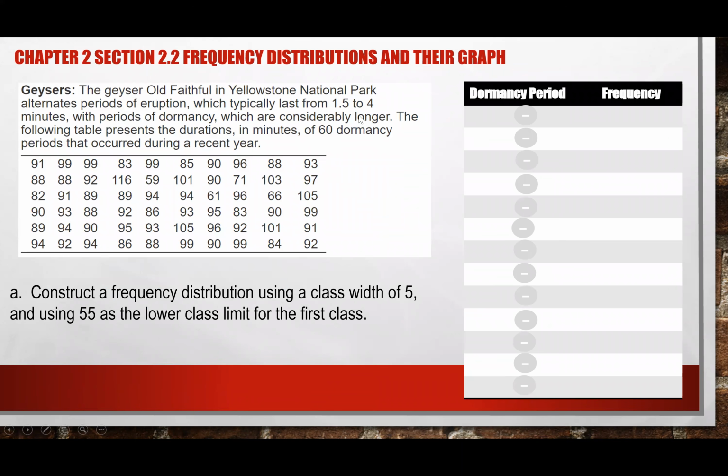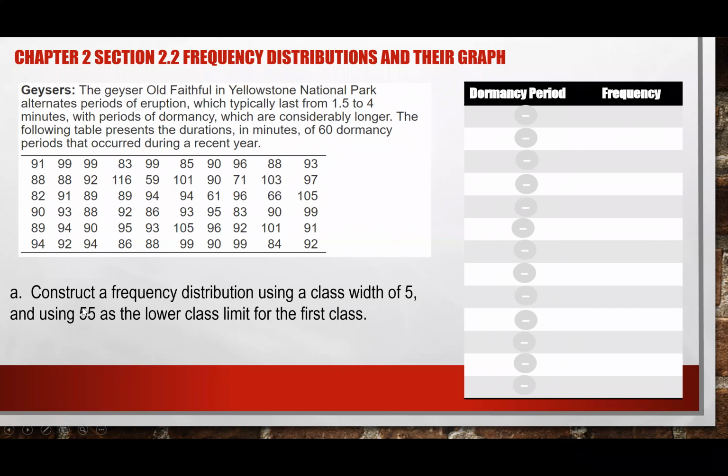Sometimes the story confuses you more. So again, we can skip the story. This is what we have. This is the raw data, 60 values, right? We have 2, 4, 6, 2, 4, 6, 8, 10. So we have 60 data values, period. We have this 60 data.